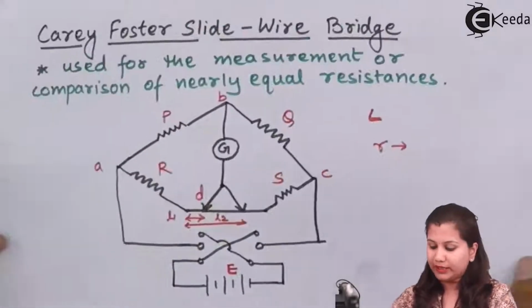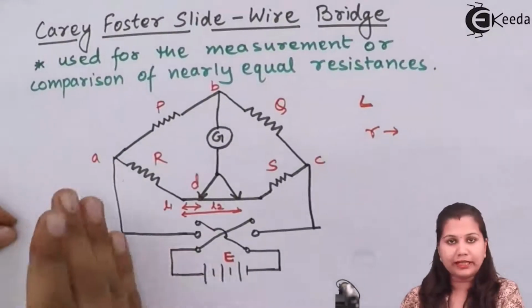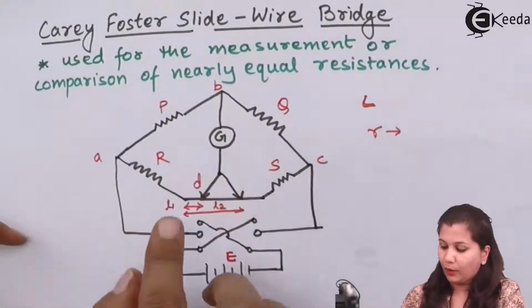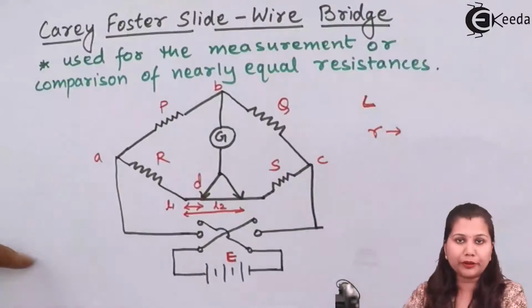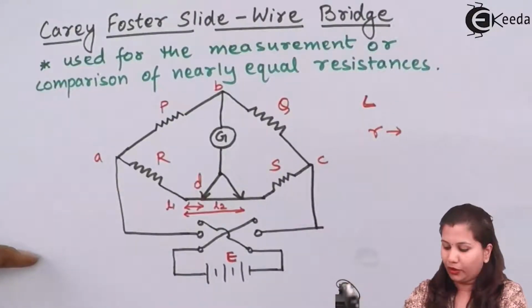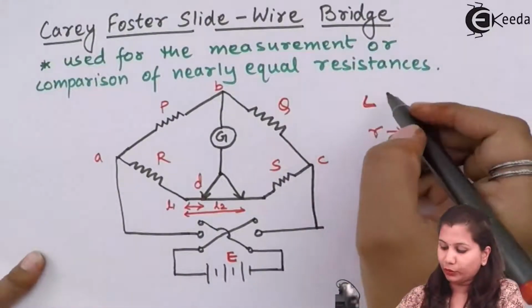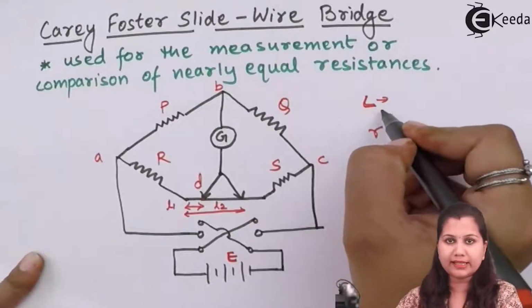So L1 is the distance of the sliding contact from the left hand side when the connection of the bridge was P, Q, R and S and we saw the null deflection. Now R is the resistance per unit length of this slide wire, and the total length of the slide wire is capital L.